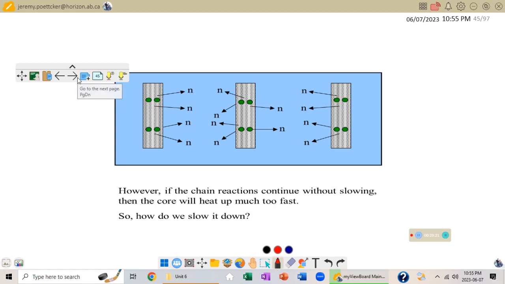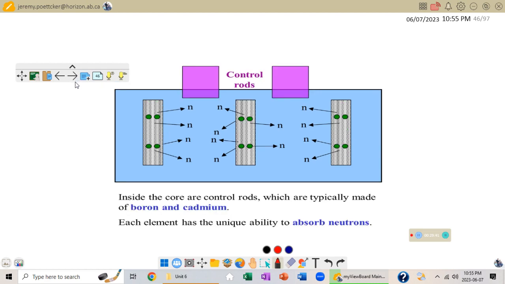However, as the reaction proceeds, we've got more and more fission happening, and now this is going to mean that we could have something bad go on. How do we slow it down? Because if it heats up too fast, we get an explosion, and this is not good. We use control rods. Typically, these are made of boron and cadmium, which both have the unique ability to absorb neutrons.